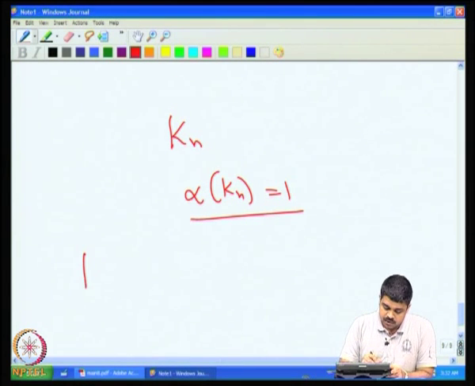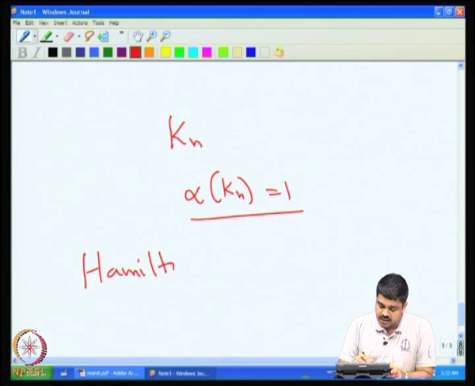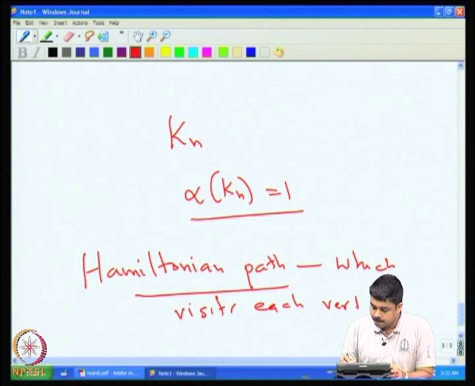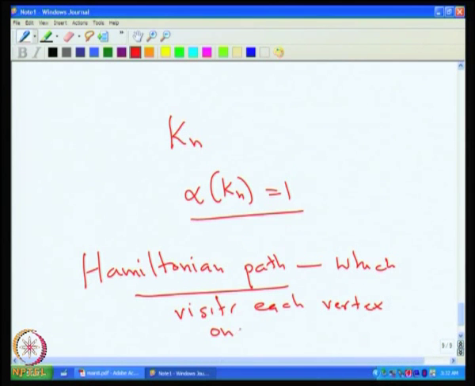What is a Hamiltonian path? A Hamiltonian path is a path which visits each vertex once and only once. This is one term which we should be familiar with.